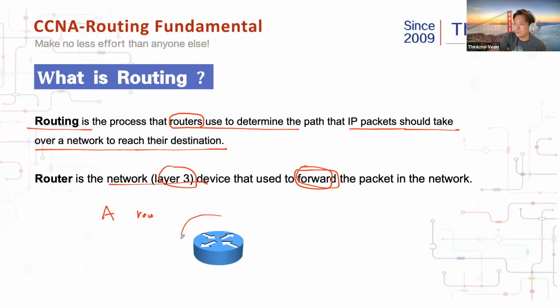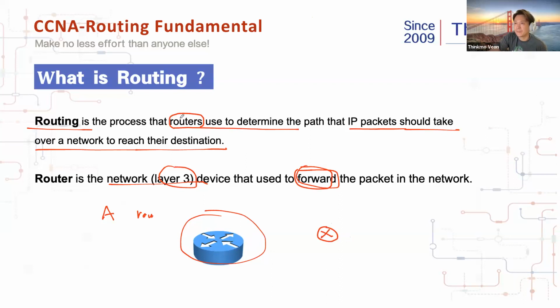This is the router diagram, the so-called icon inside the network diagram. It's typically drawn with this kind of symbol, or if you draw on paper, usually we draw it like this.